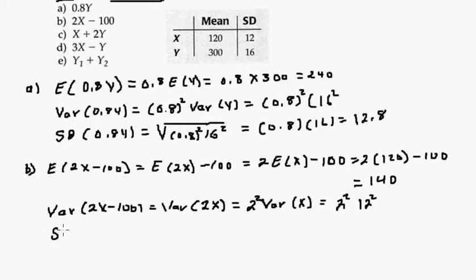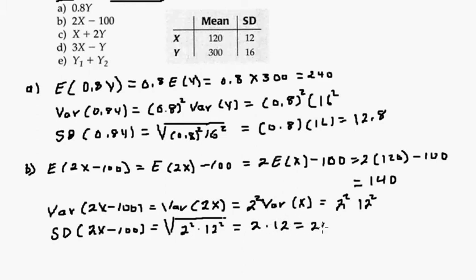Okay, so we don't need to multiply that out because the standard deviation of 2x minus 100 is just the square root of that. So 2 squared times 12 squared, so that's just equal to 2 times 12. So that would be 24. Okay? We're on a roll.